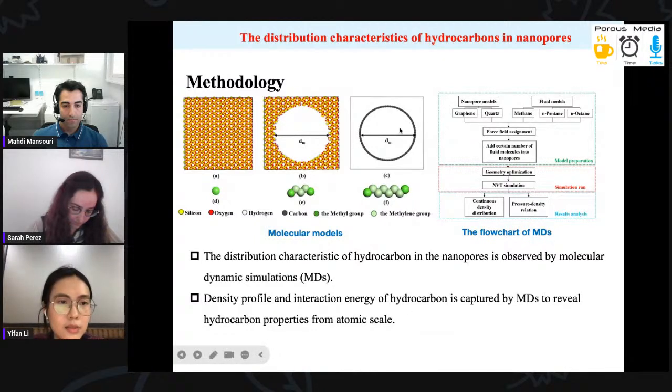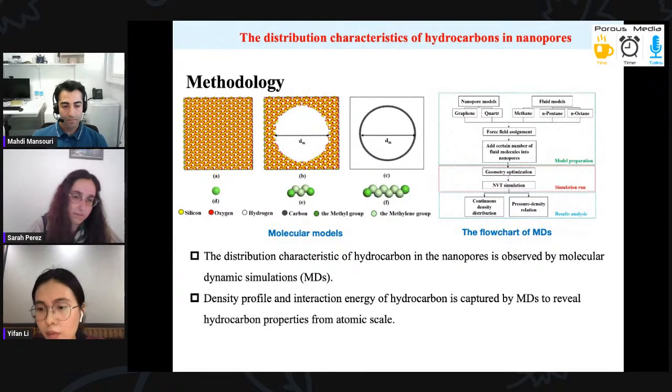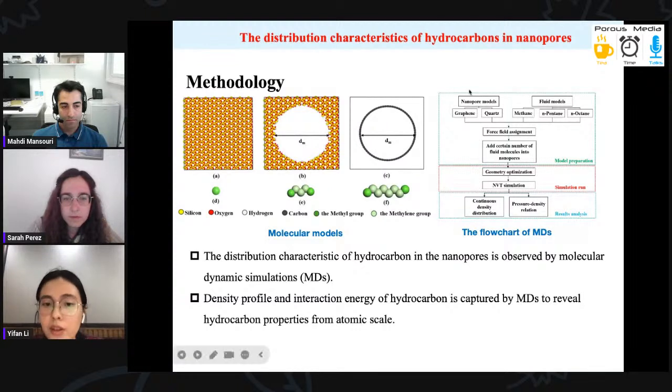The next slide is the methodology that I use in this study. Generally we do some experiments on the fluids within cores. Experimentalists find some interesting observations, and their measurements might lead them to need a more atomic resolution explanation, and that is what simulations are for.